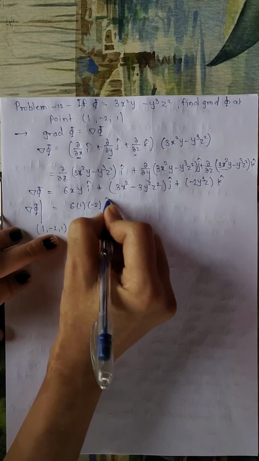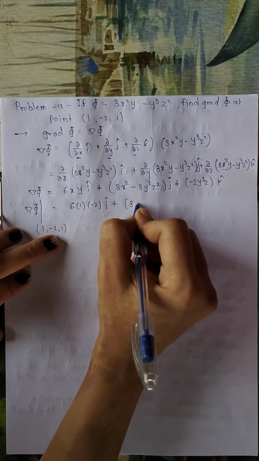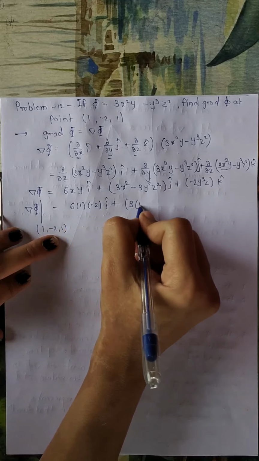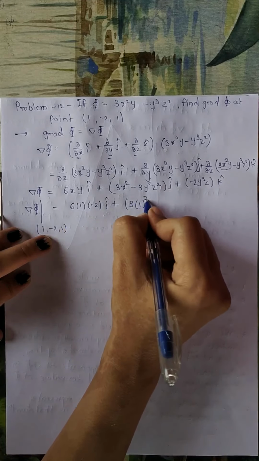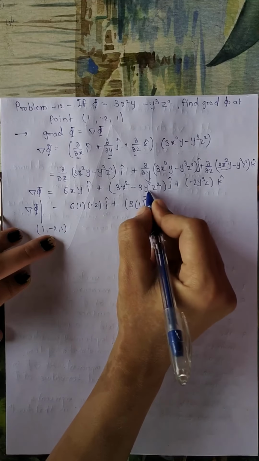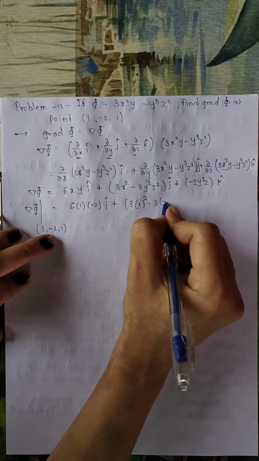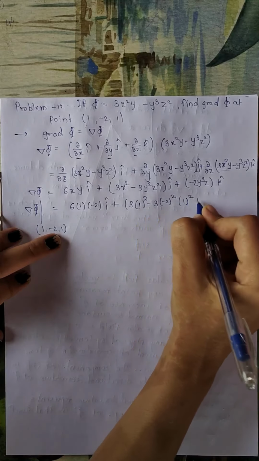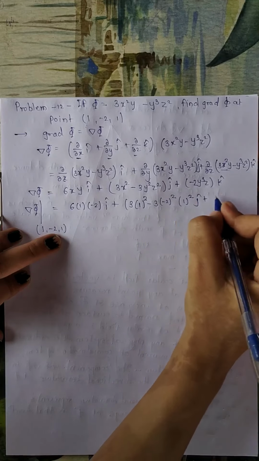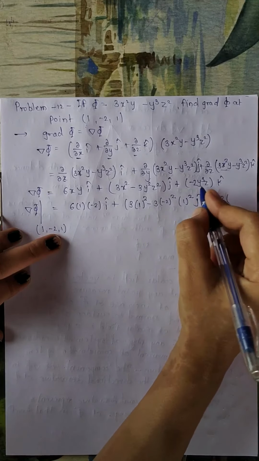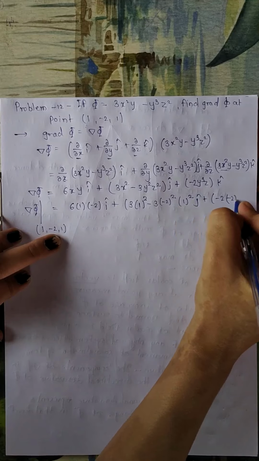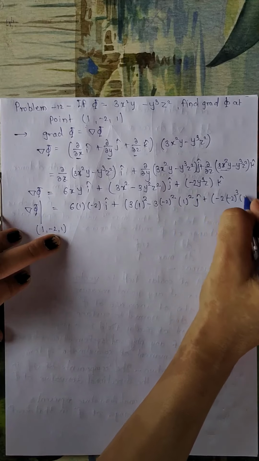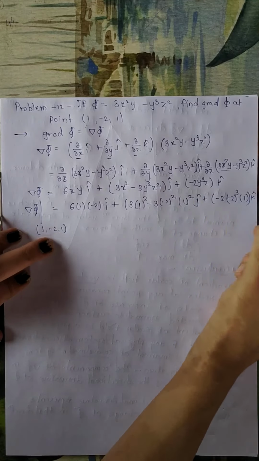Minus 2, i cap, plus 3 times the value of x square, that is 1 square, minus 3. What is y? Minus 2. And what is z? 1, j cap, plus here minus 2 into what is y? Minus 2 cube into 1, and this into k cap.